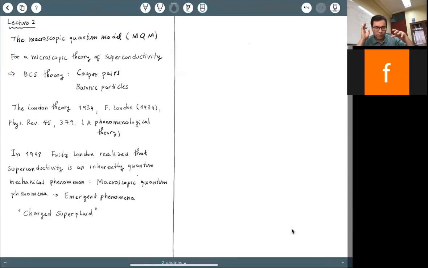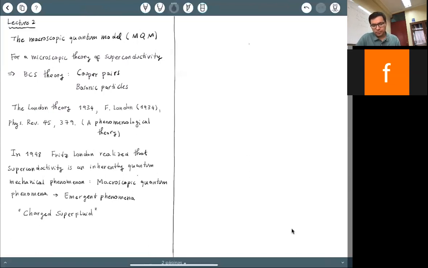I mean, whenever you have some external action, be it an electromagnetic field, there is an effect in the behavior of the superconductor. So for sure, because you have this type of behavior, it's a good tool to think that the superfluid that we are trying to describe has some charge.